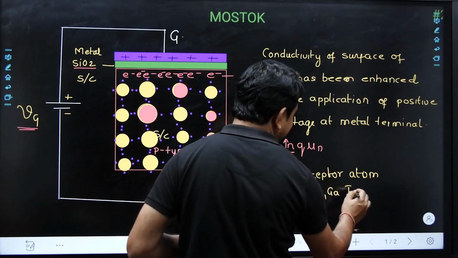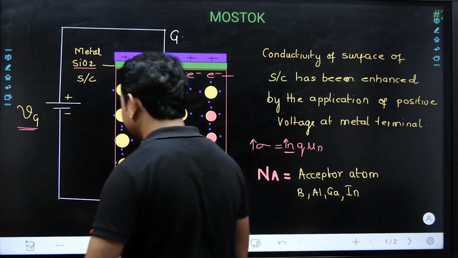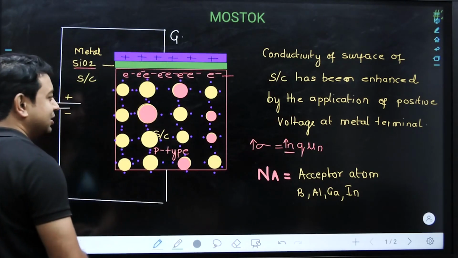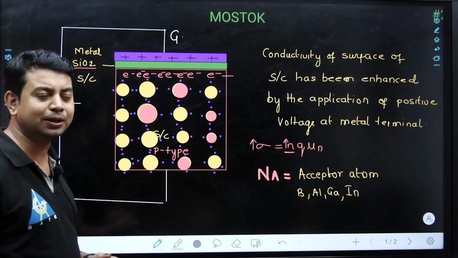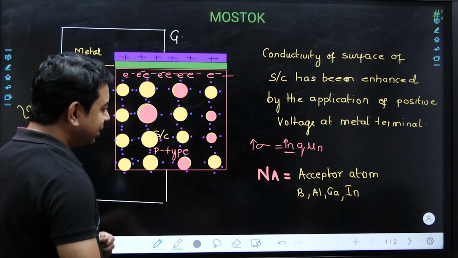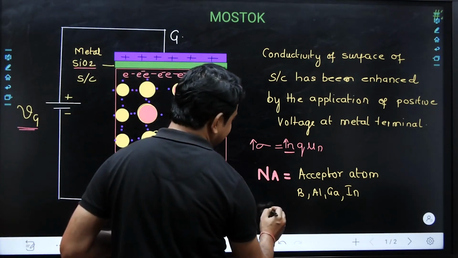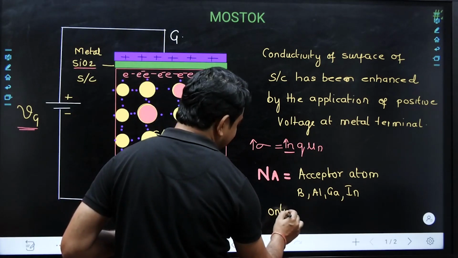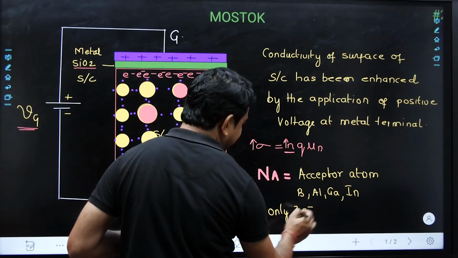We doped the intrinsic silicon with some boron atoms, and after adding the boron atoms the structure will be somewhat like this. But these acceptor atoms will have only 3 electrons in the outermost shell.